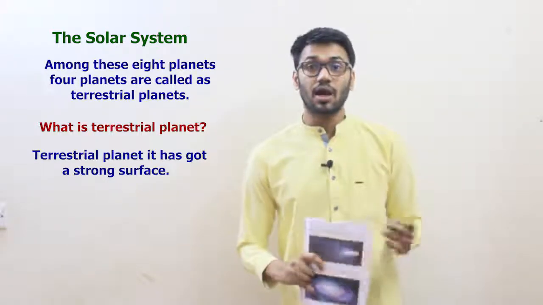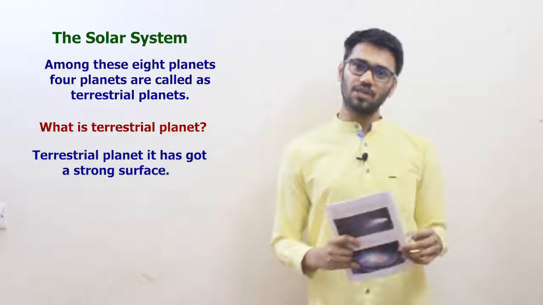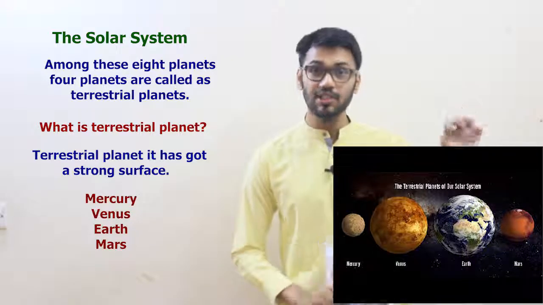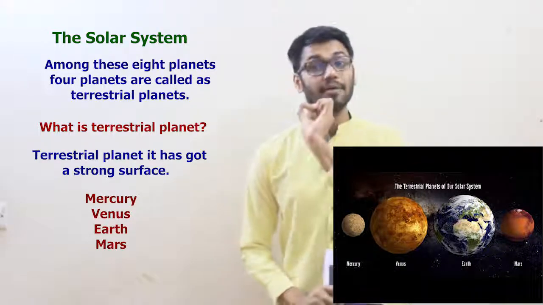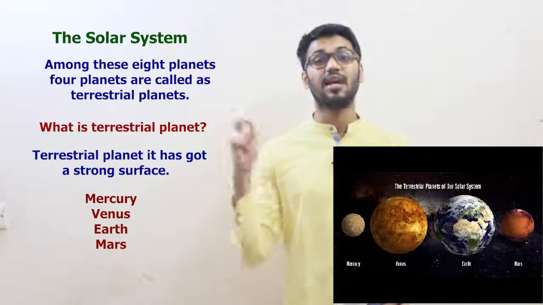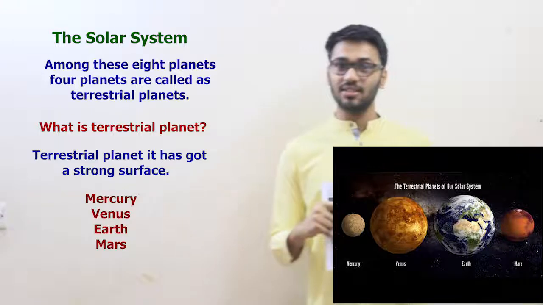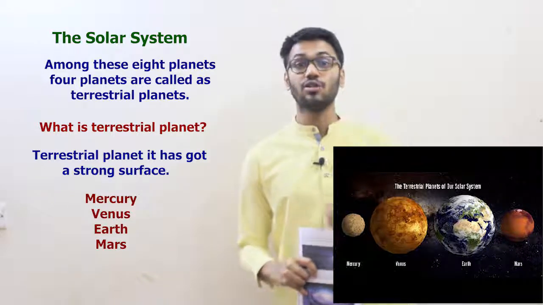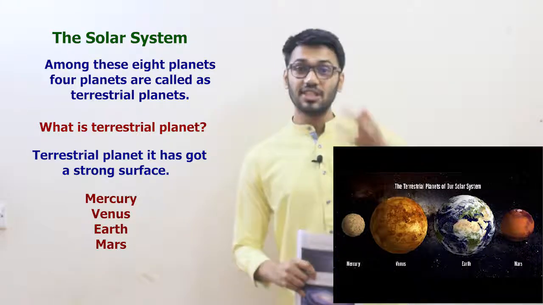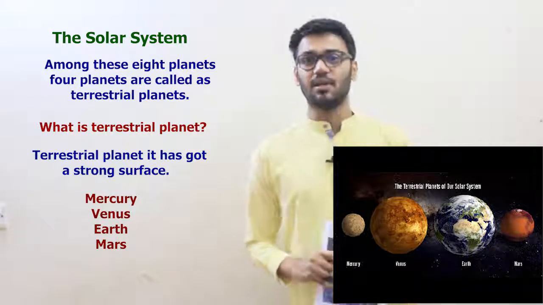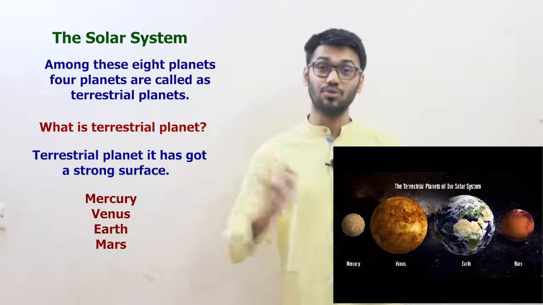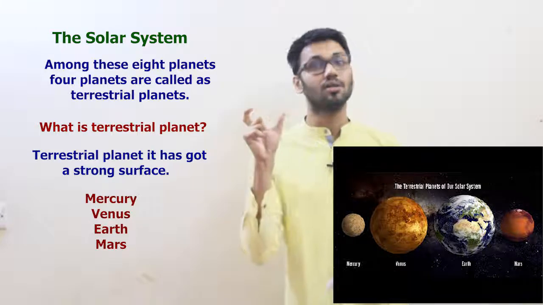So what are these 4 terrestrial planets in our solar system? We have Mercury, Venus, Earth and Mars. These 4 planets have a strong surface, or in other words, on these 4 planets animals could live. That's why they are known as terrestrial planets.